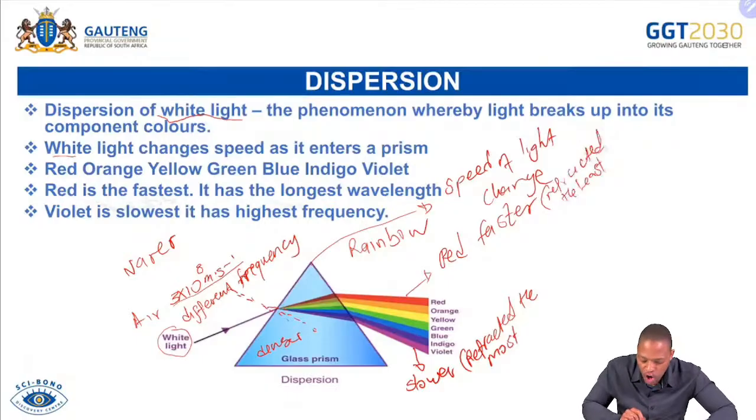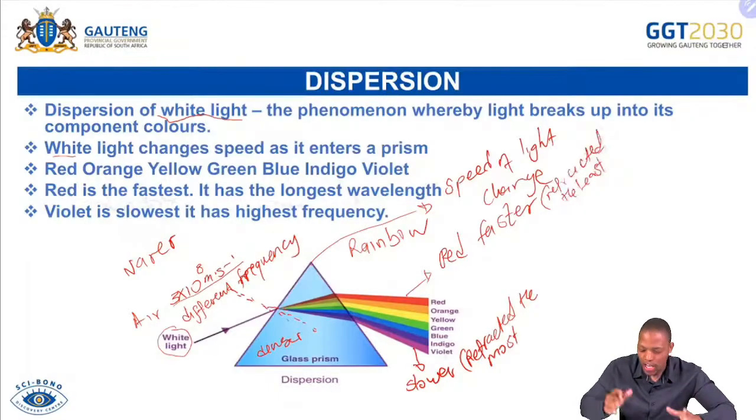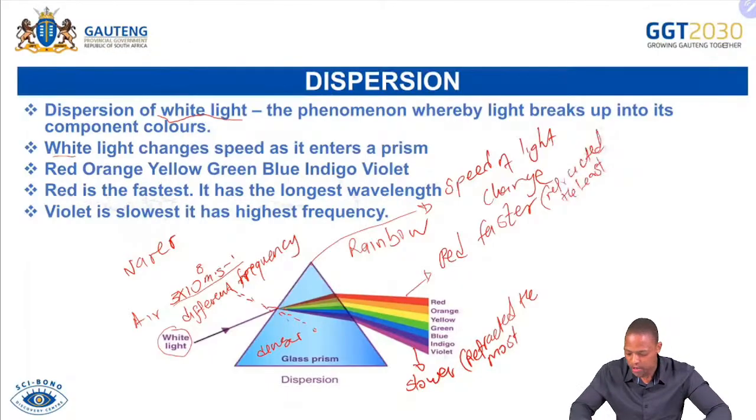Okay, it has the longest wavelength, while violet is the slowest. It has the highest frequency. Okay, so because of the highest frequency, violet is going to be the slowest. Okay, because of the longest wavelength, red is going to be the fastest, or is going to be extremely fast.